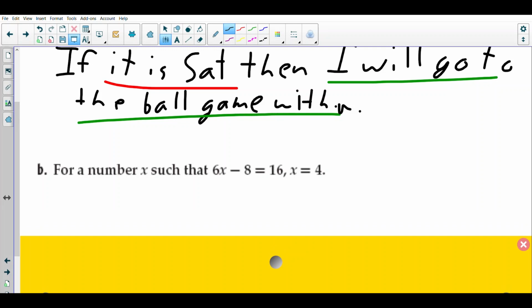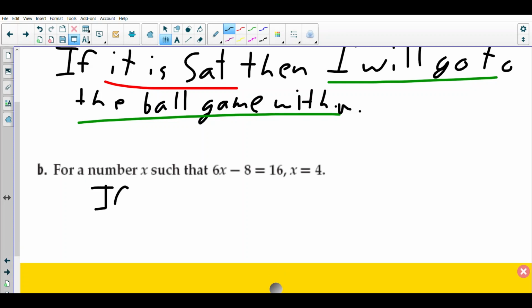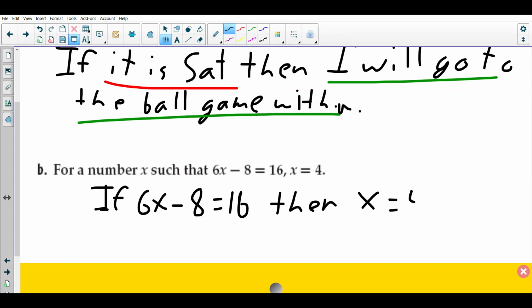Now, for a number x such that 6x minus 8 equals 16, x is equal to 4. We can take an example from the last one. They always did the main equation first. So if 6x minus 8 is equal to 16, then x equals 4.